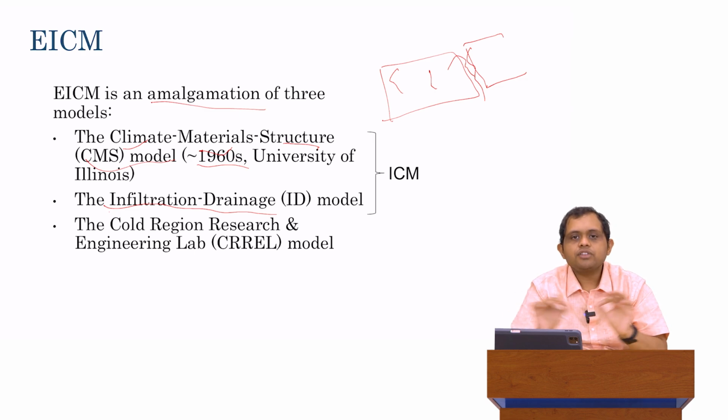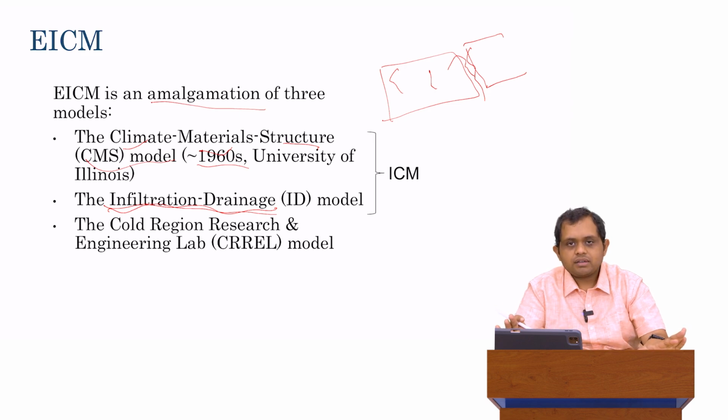The surface layer is not going to be affected by moisture, but how are the base and sub-base layers affected by moisture? So that was the infiltration drainage model. These were two separate things. The temperature distribution was one thing, and the effect of infiltration and moisture distribution was another. The CMS model and the ID model together were called the integrated climatic model.